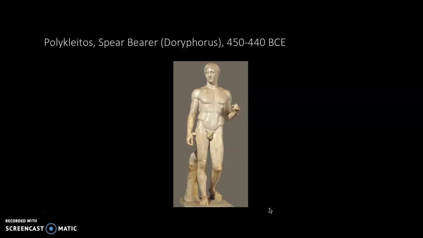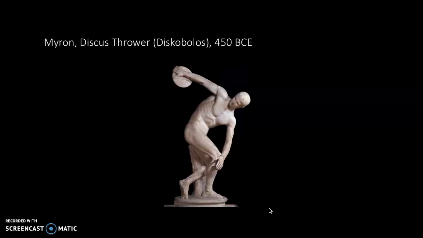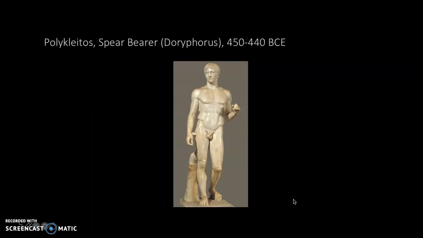Now, both of these works, the spear bearer and the discus thrower, we see how they have these awkward tree trunks here to support the figures, prop them up. These are actually Roman copies, and they're not as sophisticated or elegant as the originals, but it's what survives to us today. And it also shows us how the Romans loved and admired the Greeks.